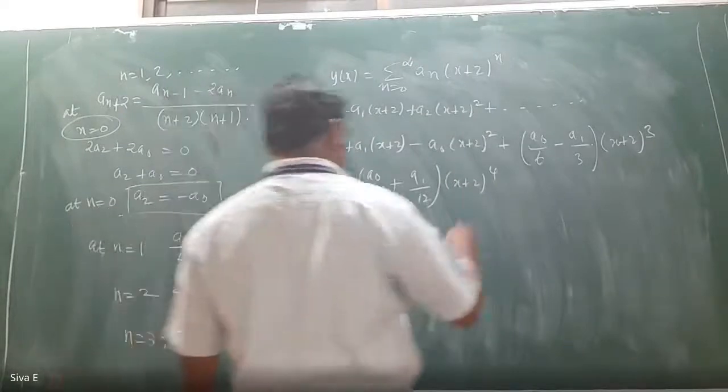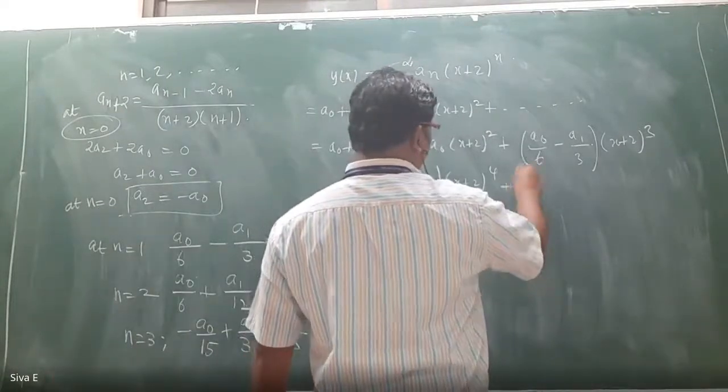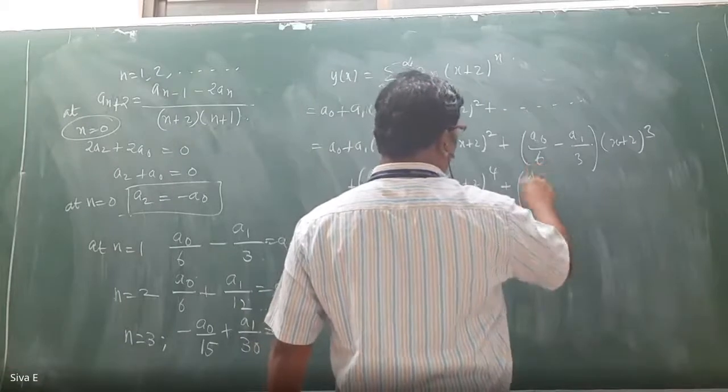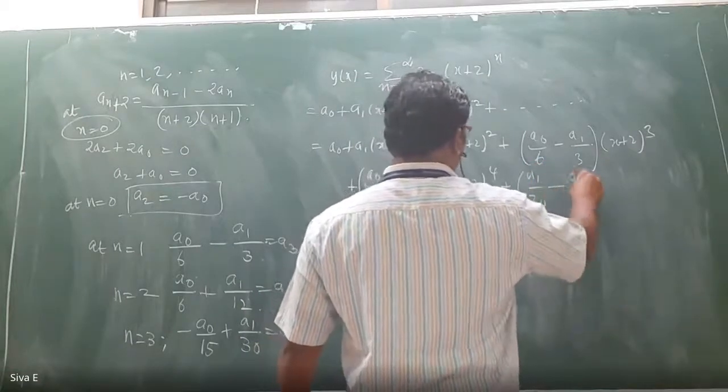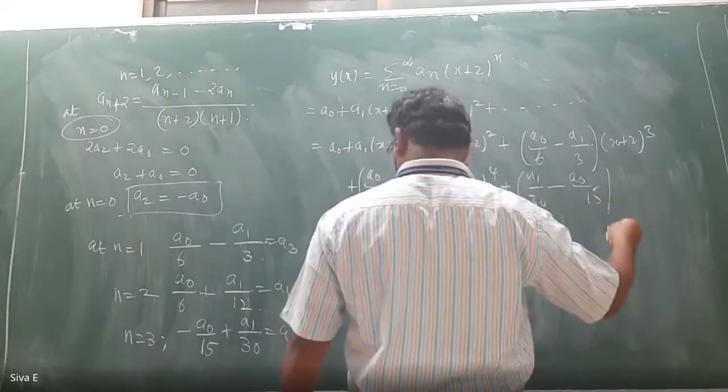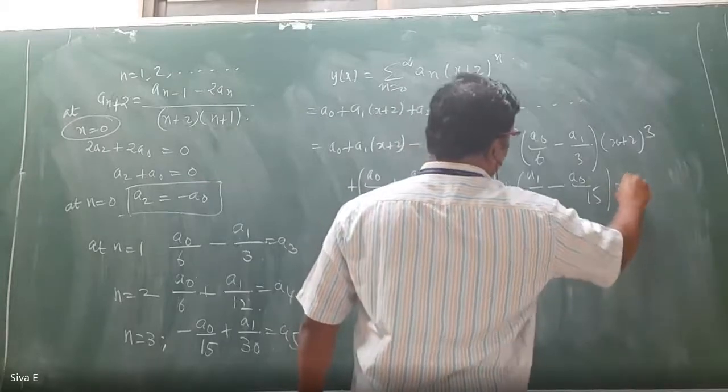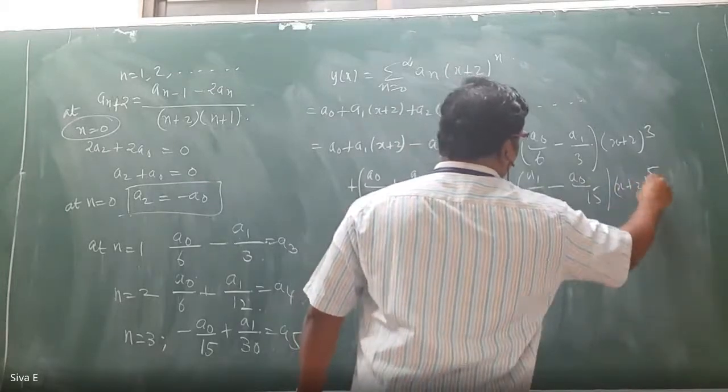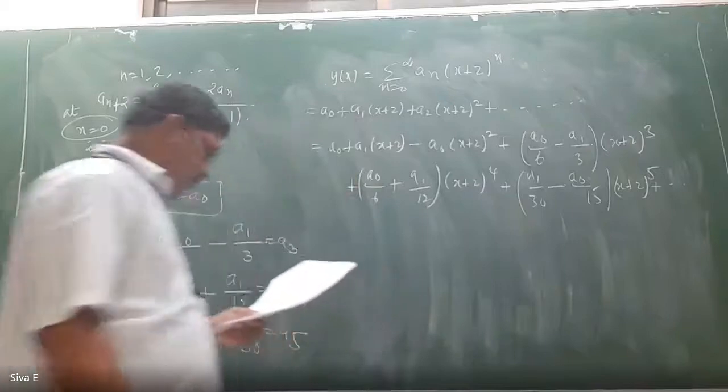Then minus a0 by 15 plus a1 by 30 into x plus 2 whole power 5 plus etc.